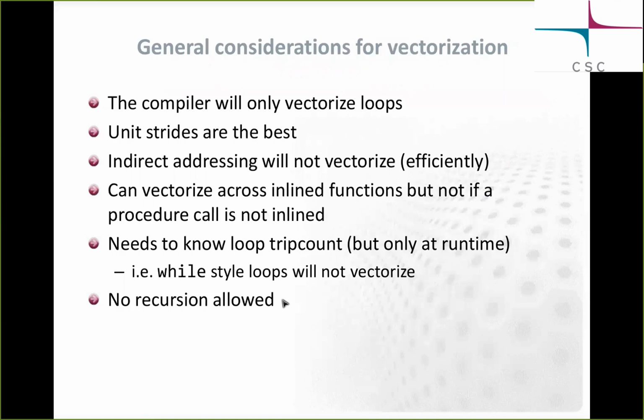So simple do or for style loops will vectorize, and you may want to cast things in terms of those, rather than something that may be more powerful in expression or look more elegant. In terms of performance, very rudimentary countable loops are the best for application performance.